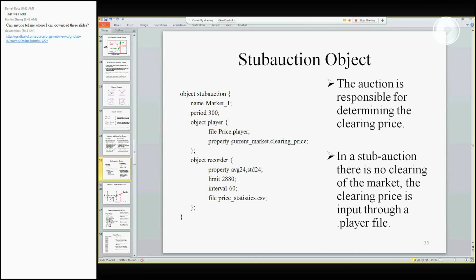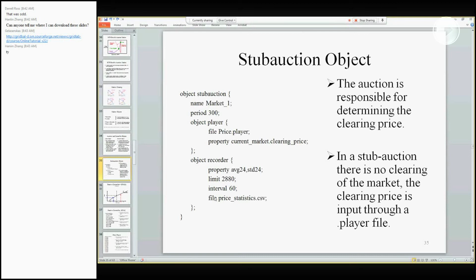The current market clearing price is the property that we're feeding it into, but effectively we are trying to send that information out as a broadcast signal. You can see here it's updating every 300 seconds, and then in this case we're doing some recording.